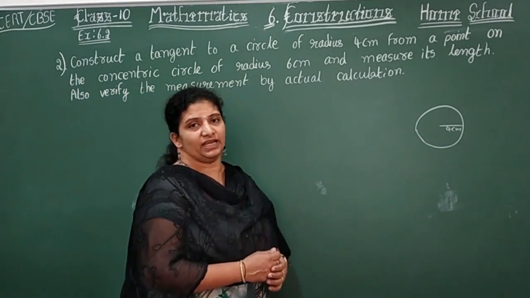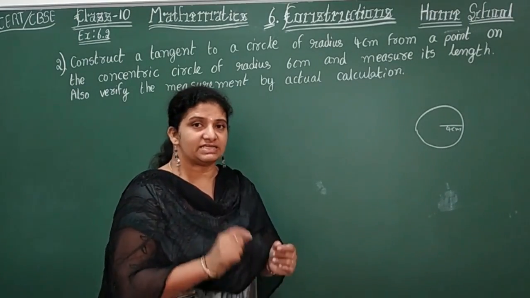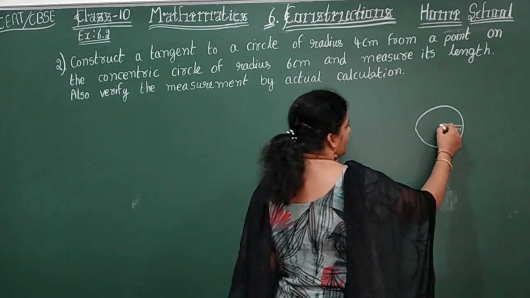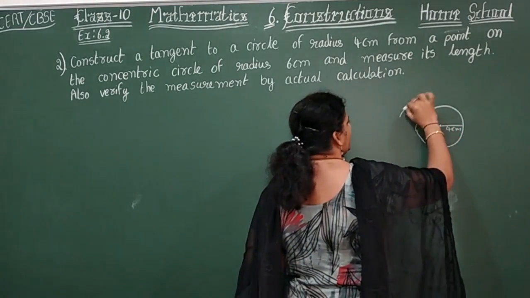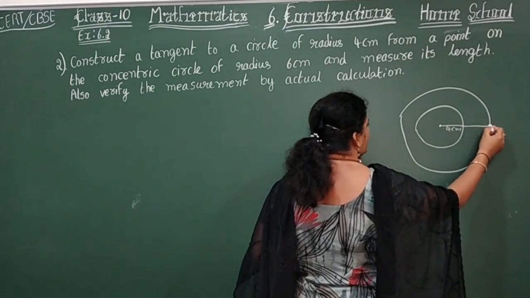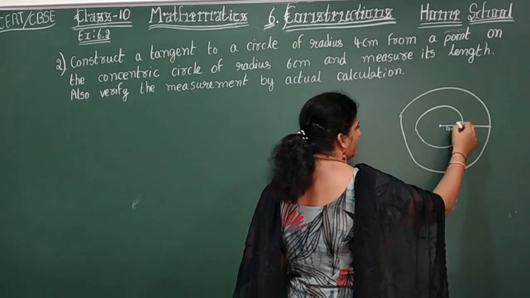Oh, concentric circles, do you know the meaning? Same center, different radius. So now this is 4 centimeter, right? With the same center, I am going to draw another circle that is called a concentric circle. These two are having same center, different radius.